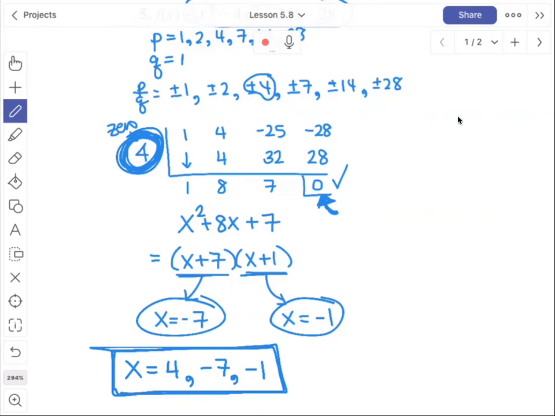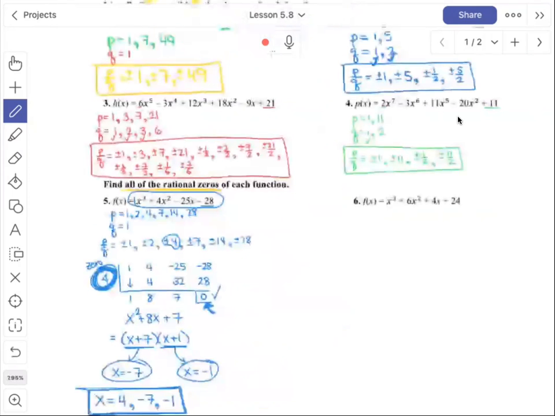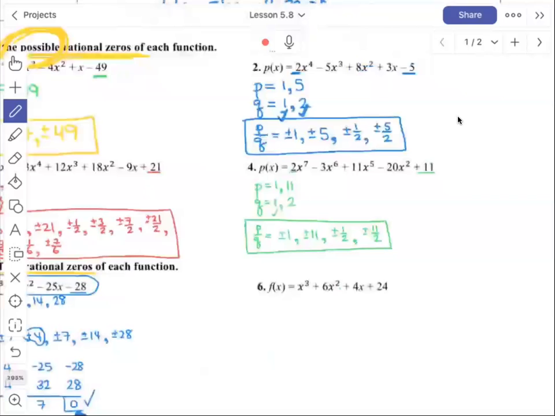It will not be this long. So even if you had to guess and check all of them, it shouldn't take you that much time. It will be maybe the length of number 2 or number 4, or number 1. It'll be a manageable list.